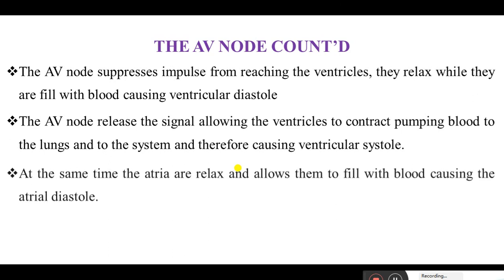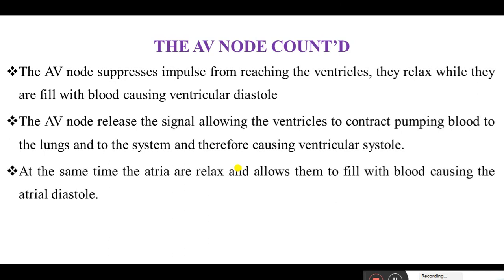Of course, at the same time, the two atria relax and fill with blood returning from the lungs that has been oxygenated and blood returning from the system that is oxygen depleted. At that point, the two atria are in the atrial diastolic phase.